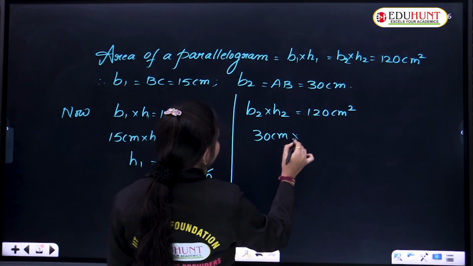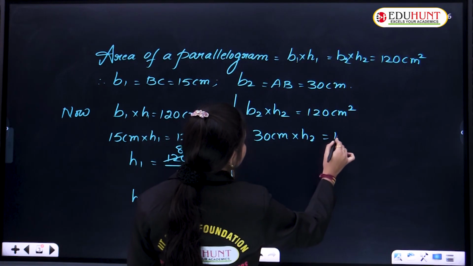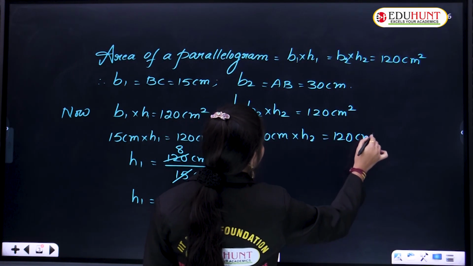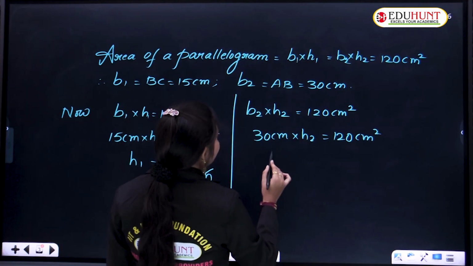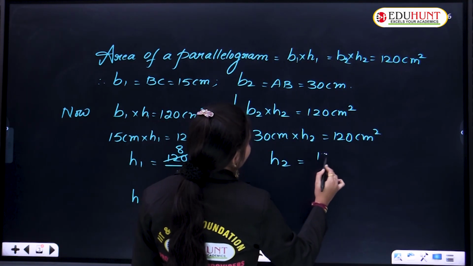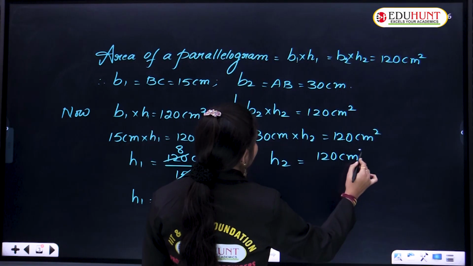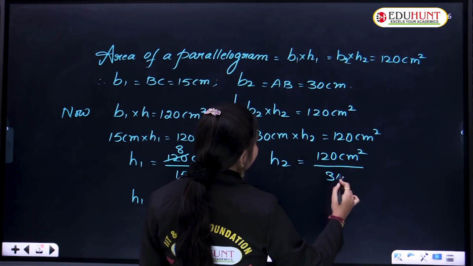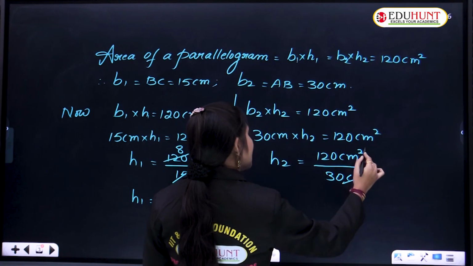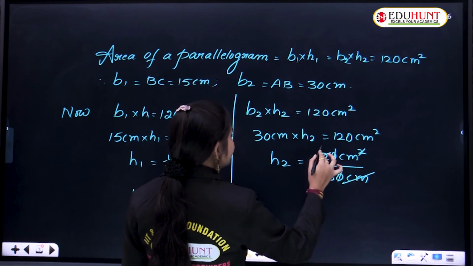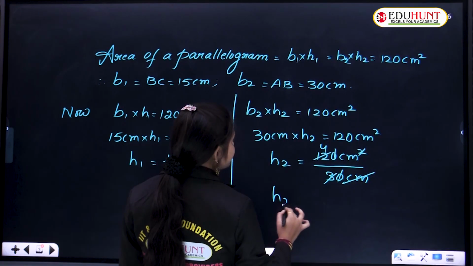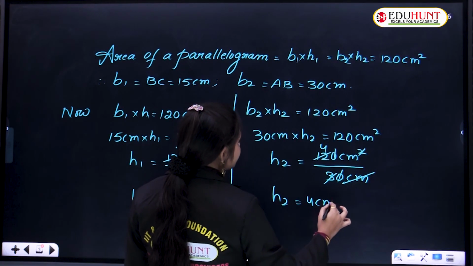So 30 centimeters into H2 is equal to 120 centimeters square. Now H2 is equal to 120 centimeters square by 30 centimeters. Centimeters get cancelled, and zero cancels with zero, and we get 4. Then H2 is equal to 4 centimeters.